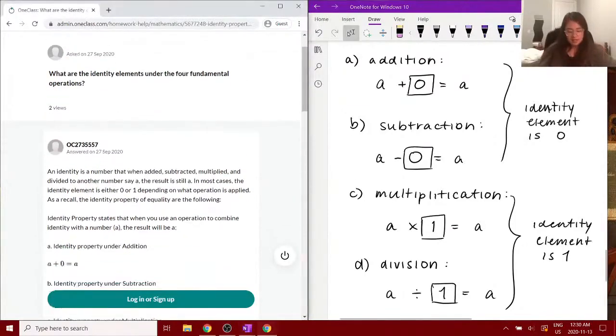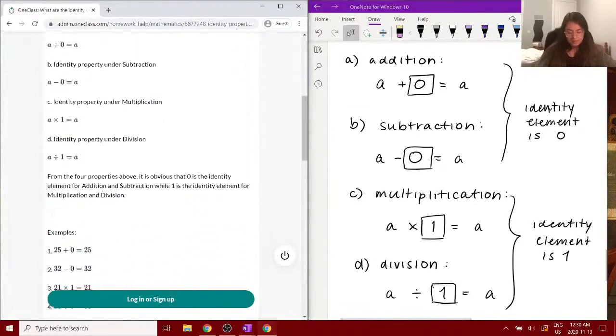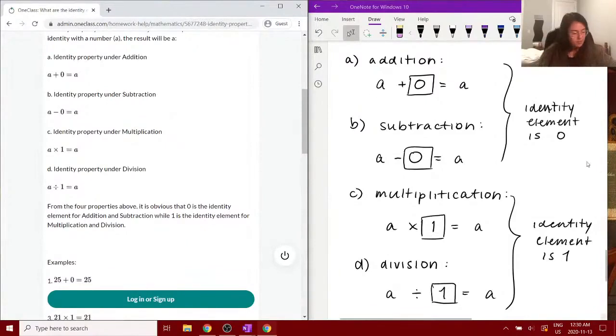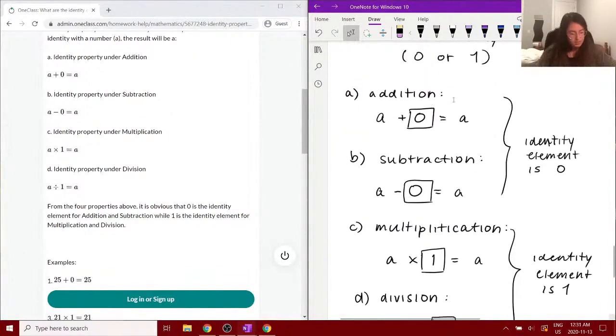And let's look at some examples. So let's look at the addition operation. We have A plus 0 is equal to A, and we can see here that 25 plus 0 is equal to 25.